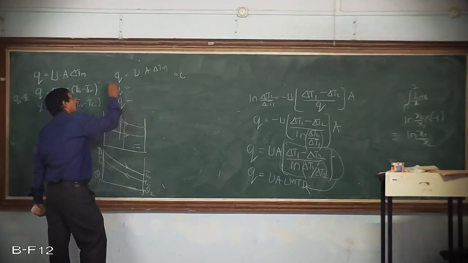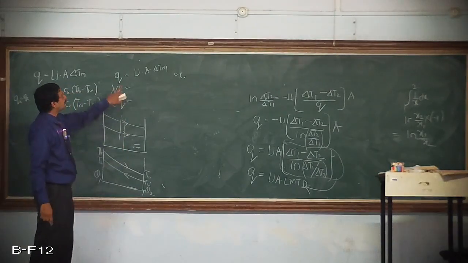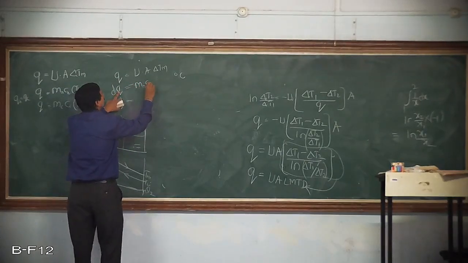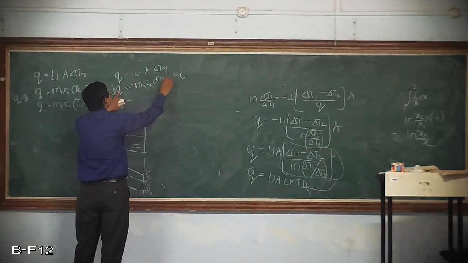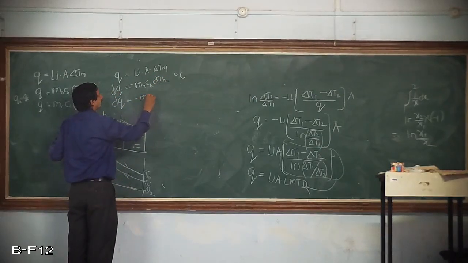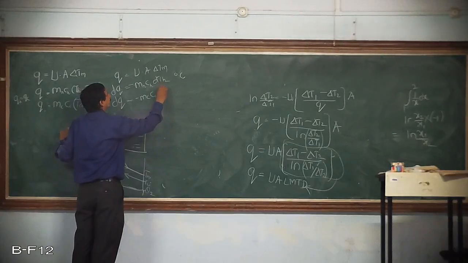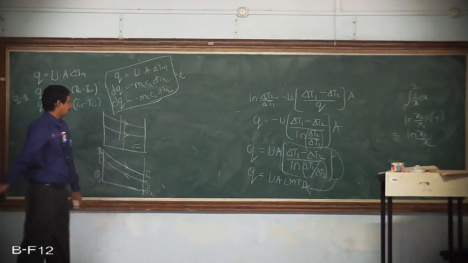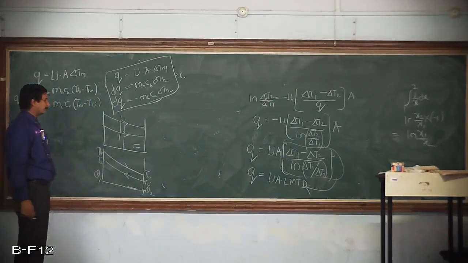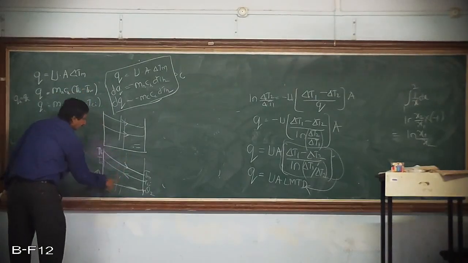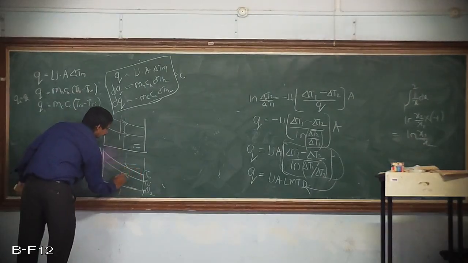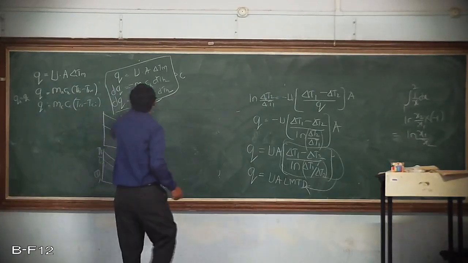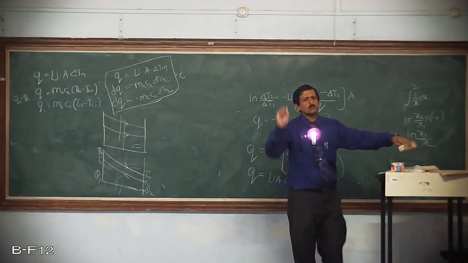But when you talk about the dq for the hot fluid and the cold fluid, in both cases it will be mh ch into dth, and this is minus mc cc into dtc. This is for the counter flow heat exchanger, because if I take an x, then if I take the difference between these two, then in the direction both will be negative. That is the only difference.